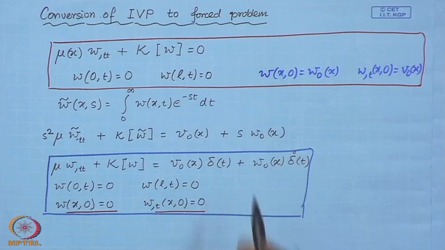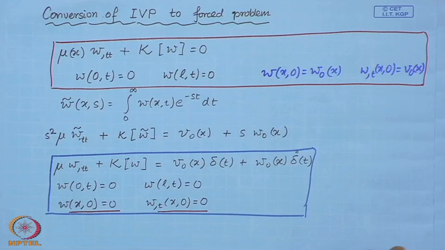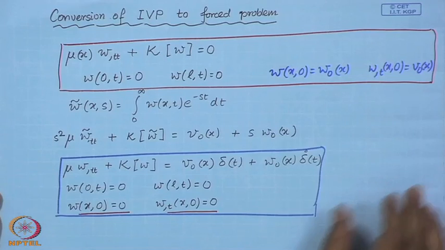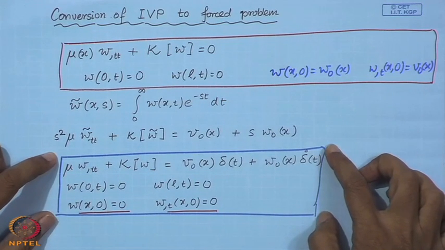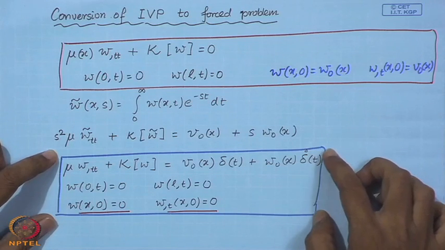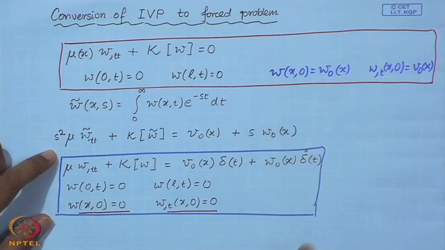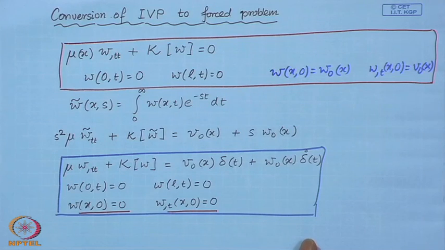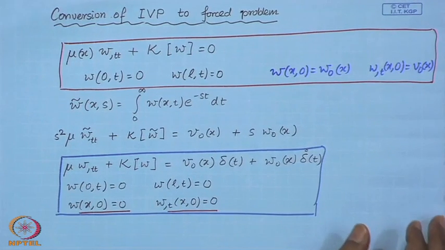So, this is now a forced system with 0 initial conditions, and therefore, the solution of this will be the solution of the original system with these non-zero initial conditions. So, this way we can convert an initial condition problem to a forced vibration or force dynamics problem.